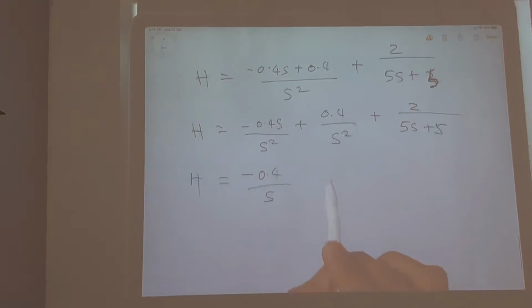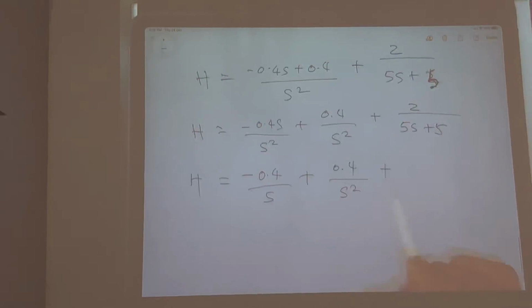This is 0.4 divided by s power 2 plus, I always want to have the format 1 divided by something. So 2 on the top here may not be able for me to find from the table. So I divide by 2, I have 1 divided by 2.5s plus 2.5. Okay? So when I inverse this part, I have minus 0.4.